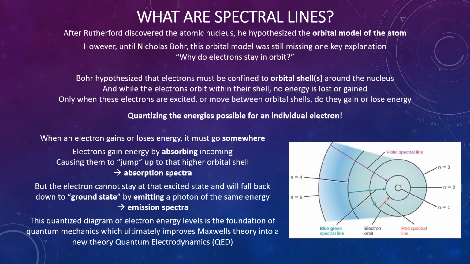Bohr hypothesized that electrons had to be confined to specific energy levels called orbital shells around the nucleus. When an electron was in that orbital shell, no energy is lost or gained as it moves around in this shell. Only when an electron moves between shells or is what we call excited does it gain or lose energy.